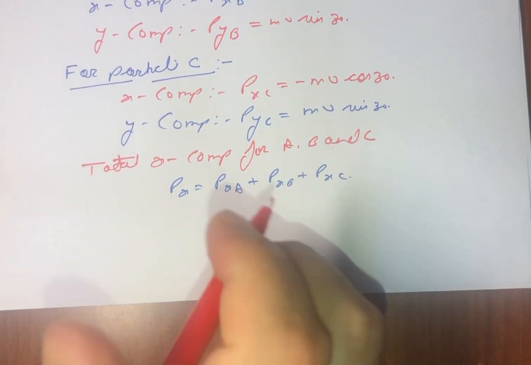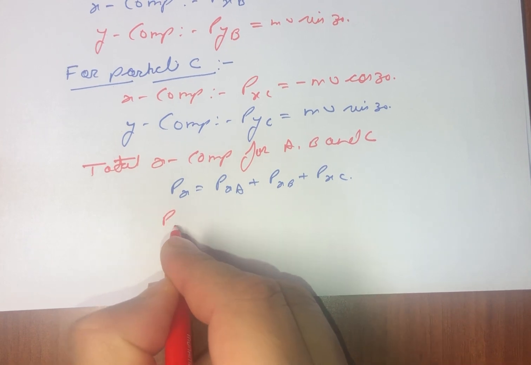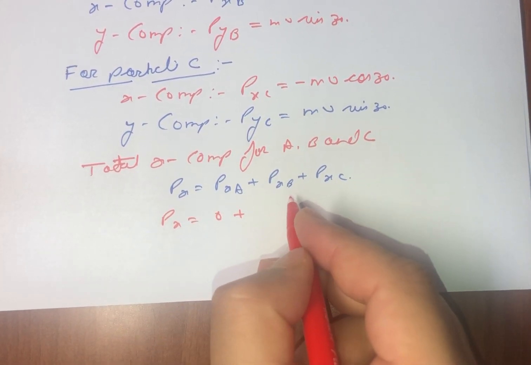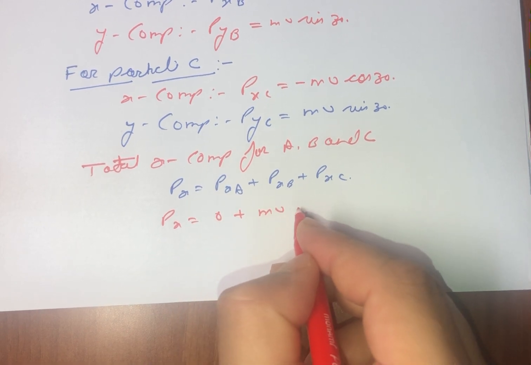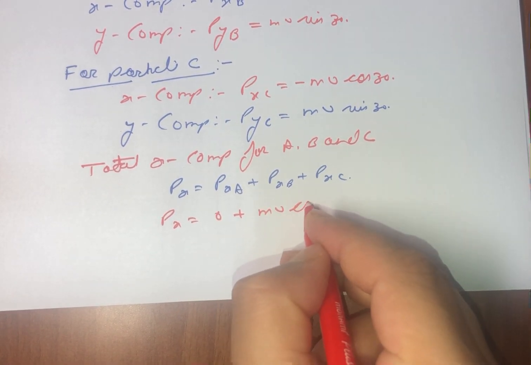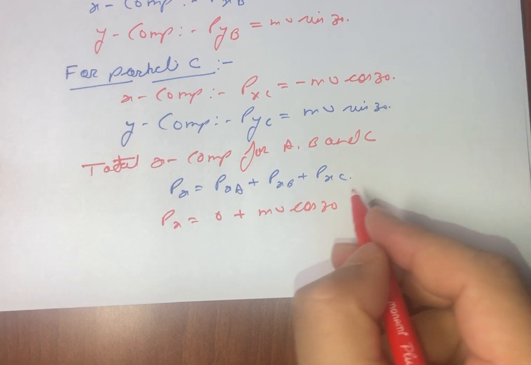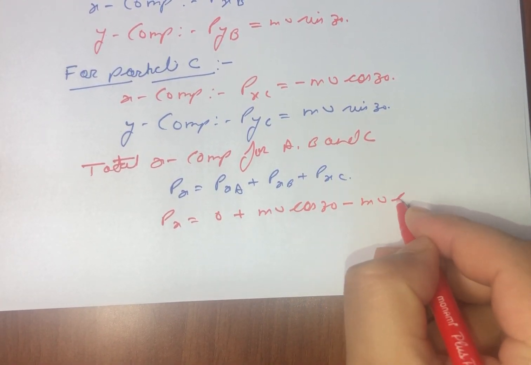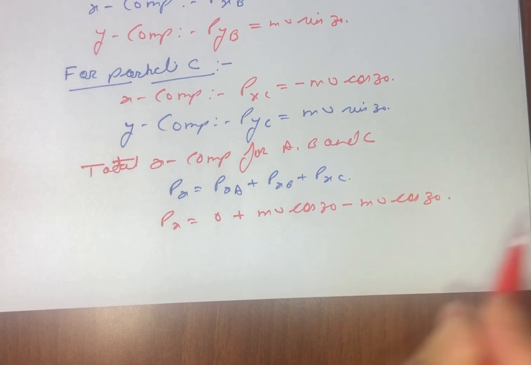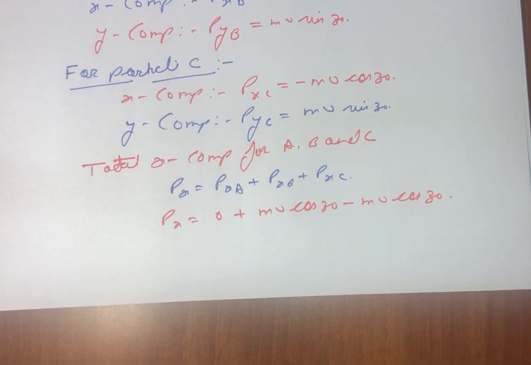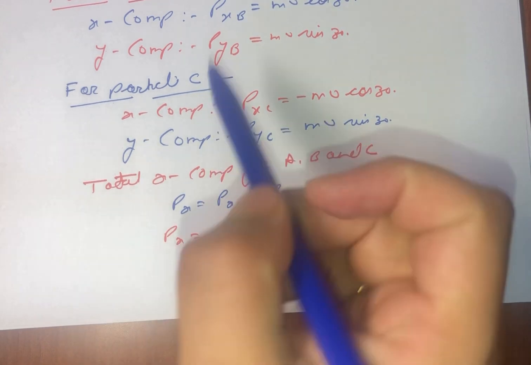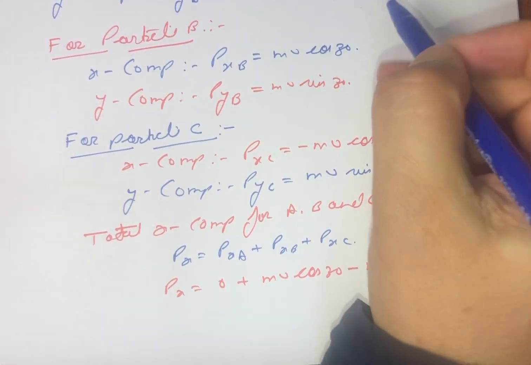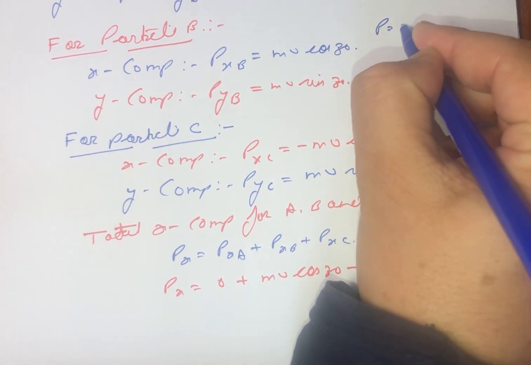So we can say our pxa is 0, pxb is mv cos 30, and pxc is minus mv cos 30. And please bear in mind, we are only talking about the momentums. P is nothing but momentum.